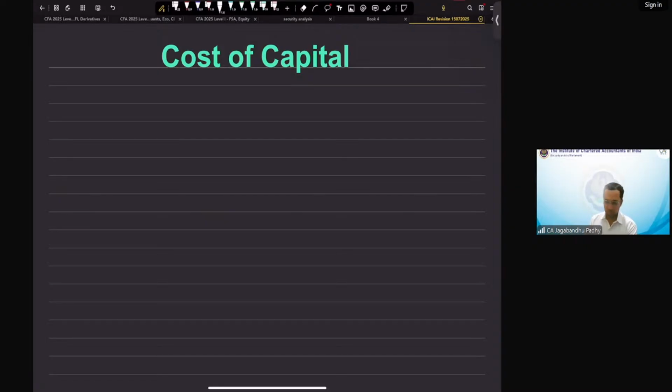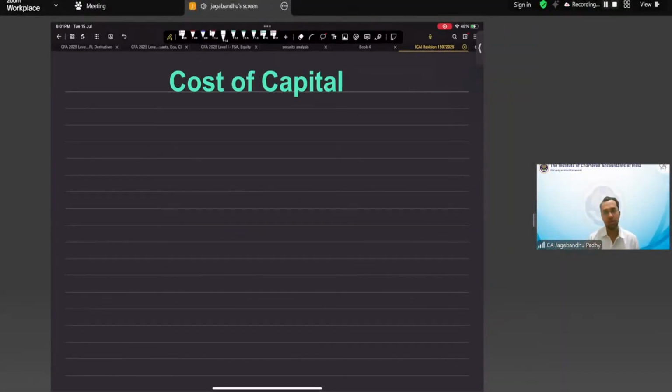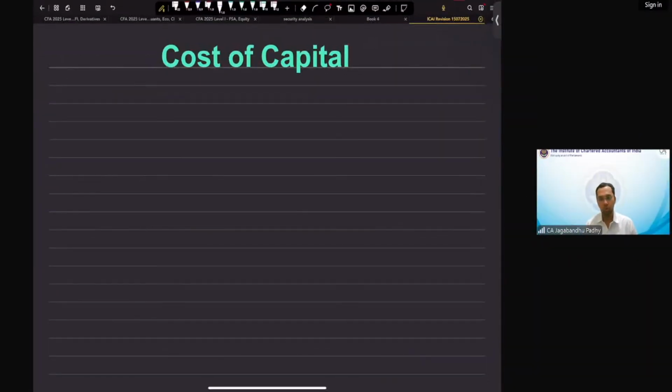We need to calculate the cost of capital essentially to know whether a particular investment needs to be done or not, because that's the benchmark which we set as the rate of return that we need, right?